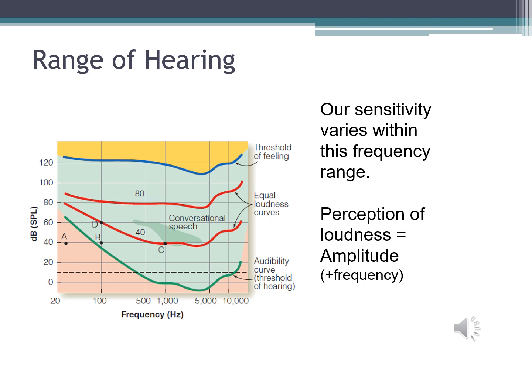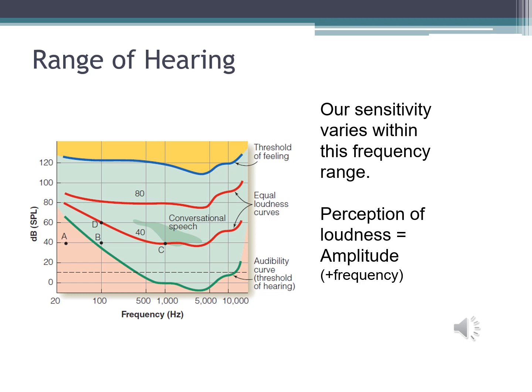At 40 decibels, at that amplitude, we don't even hear it. If we go up to 100 hertz, that letter B there, at 40 decibels, it's just at our threshold of hearing. We're just able to hear it.